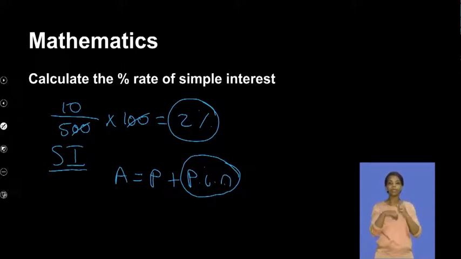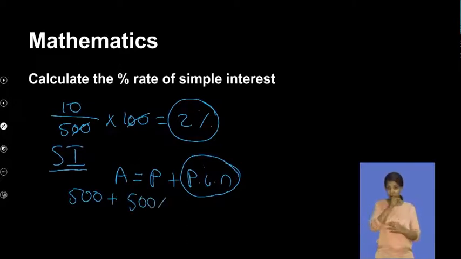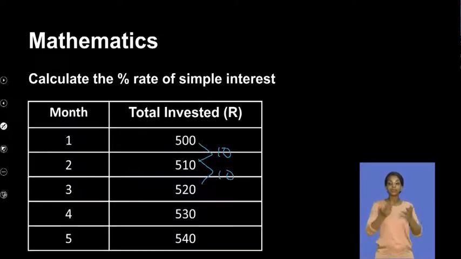Let's make an example. If we go back to the previous example where the person is saving 500 rands, it will be 500 rands plus the 500 rands. Remember, we found that it was 2% of this, so 2% of this multiplied by, they saved this for how many months? For 5 months.